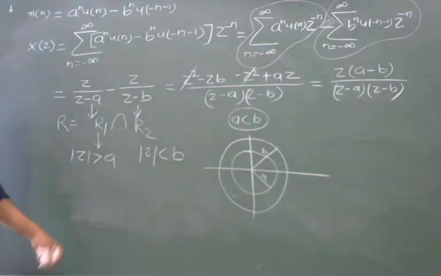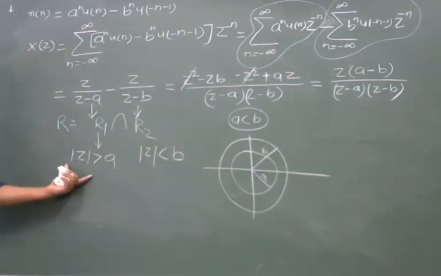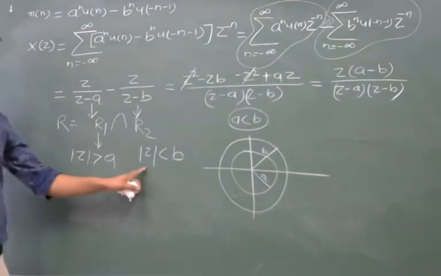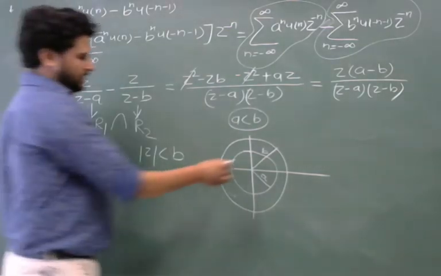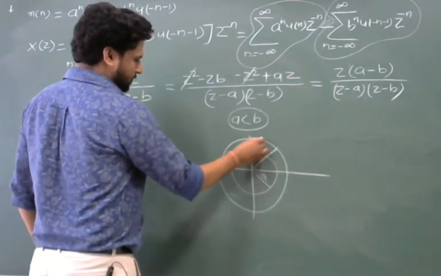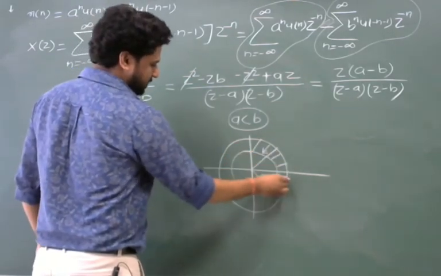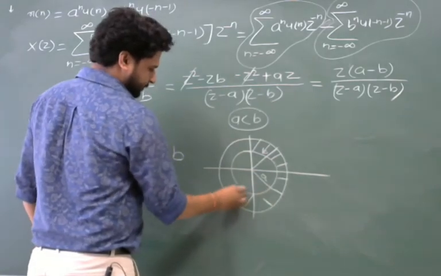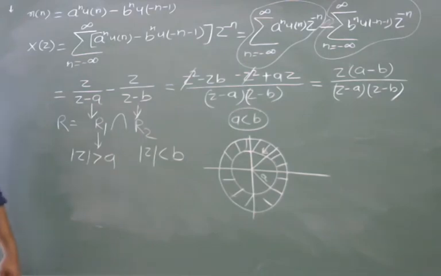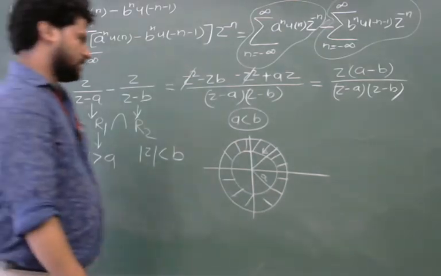The region of convergence says that z should be greater than a and less than b, so the ROC will be confined in this region. This is the region of convergence of the Z transform for the given signal sequence.